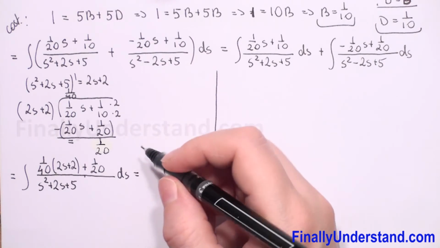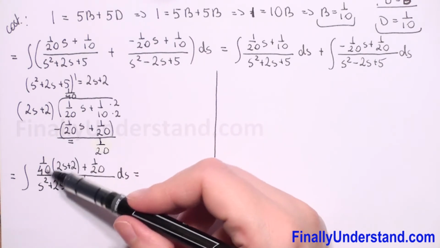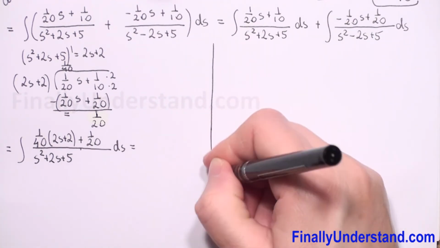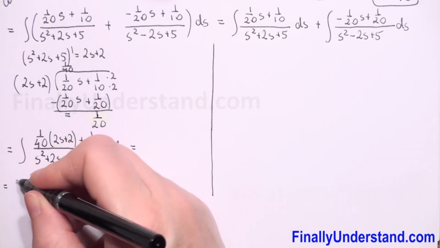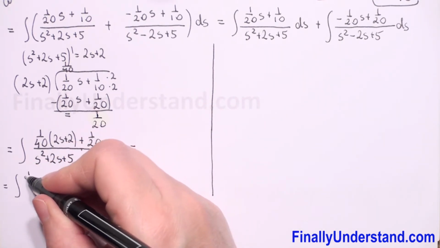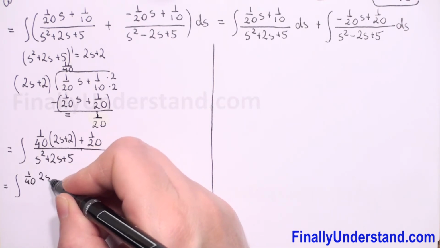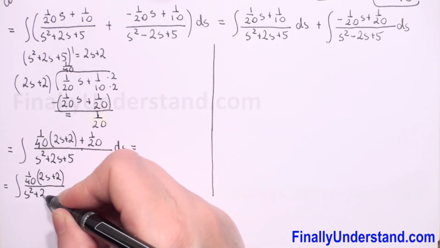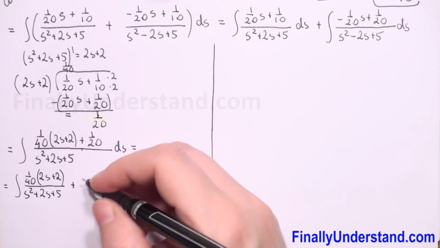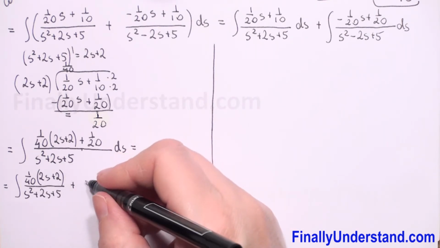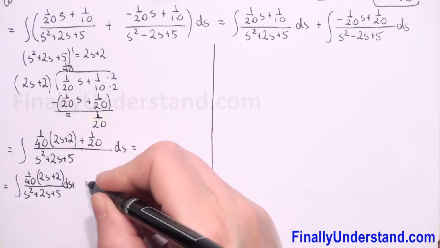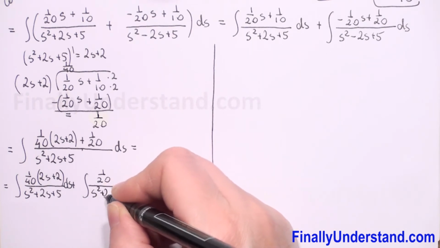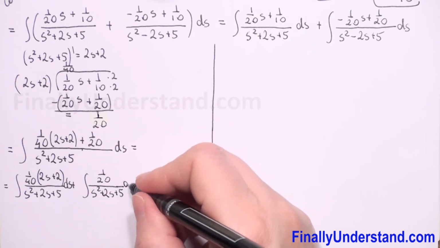With respect to s. So this is equal, we can rewrite this expression as two fractions. So we will have integral of 1 over 40 times 2s plus 2 over s squared plus 2s plus 5 plus, and we can divide into two integrals, with respect to s, integral of 1 over 20 over s squared plus 2s plus 5 with respect to s.